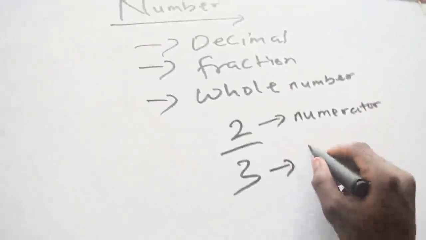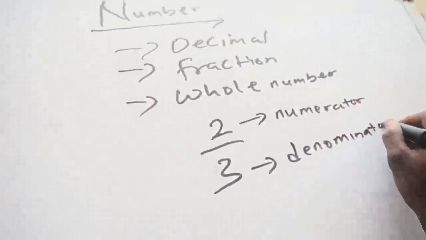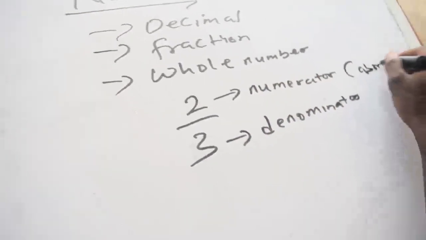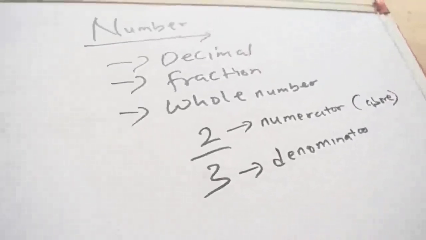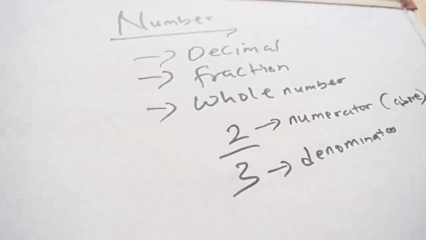The one below is said to be the denominator. Numerator means the one that is above. Denominator means the one that is at the bottom, it carries the numerator above.